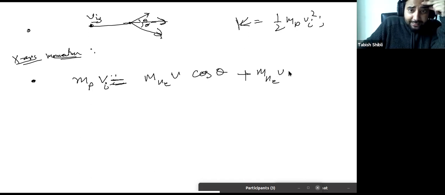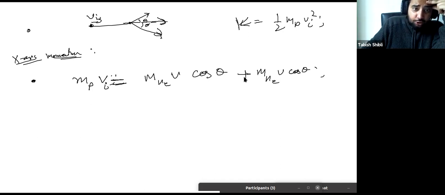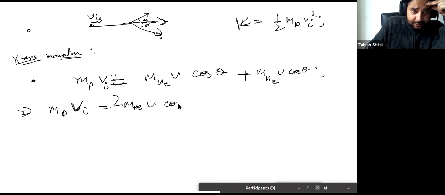Mass of helium v times cos theta. So this is 2 mass of helium times v cos theta on the right hand side, and you have mass of the proton times vi on the left hand side. So you have mass of the proton Vi is equal to twice the mass of the helium V cos theta.